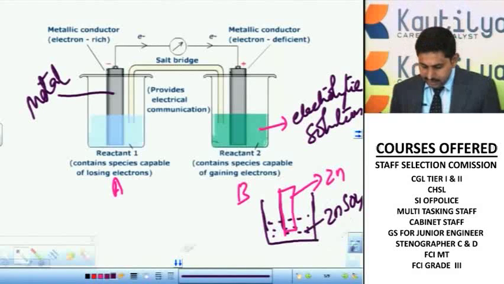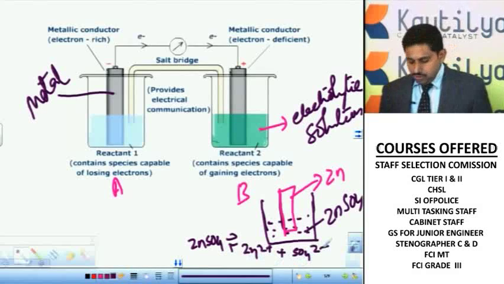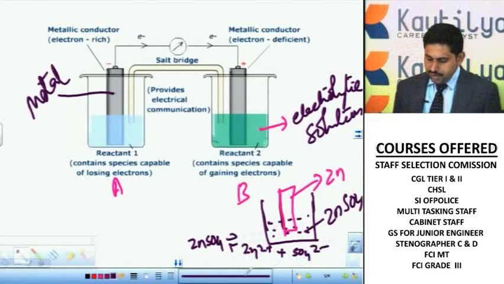Zinc sulfate in the solution will be in the form of ions, like Zn2+ and SO4 2-. So now in the solution it exists in the form of positive ions and negative ions.